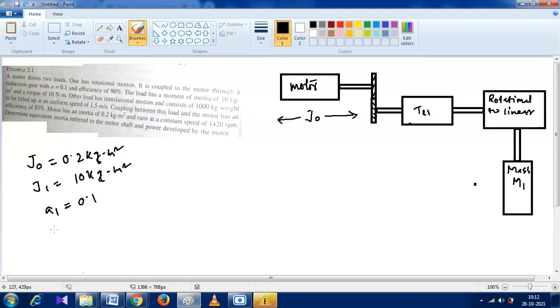And what is the value of V, we can say V1? 1.5 meter per second. And what is the value of omega n? 1420 rpm. You have to convert it into radian per second. So what should we do?